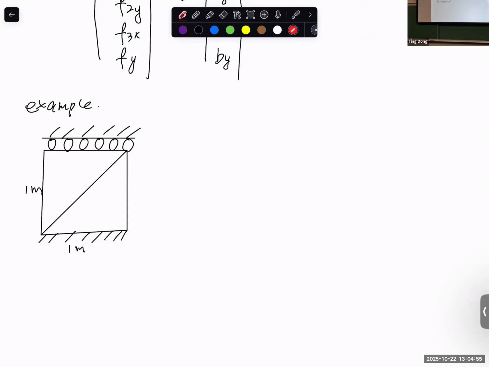We have a distributed force applied on the top edge. It's applied on the top surface. So let's imagine you have this square structure and it's on this top surface. I can only draw it here, but you need to know it's applied on the top surface. So this F is the distributed force.